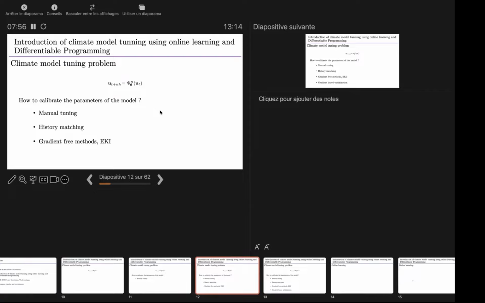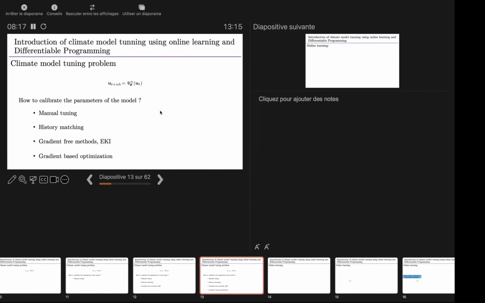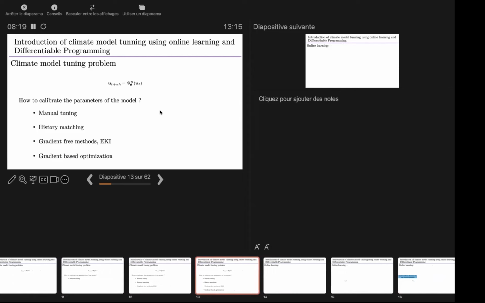Now, we do not want to use these, because the issue with these kinds of methods is that they do not scale very well into high-dimensional parameter spaces, which is typically the case with deep learning models. Since we want to at least evaluate the interest of augmenting physical parameterizations with deep learning, we decided to work with gradient-based optimization techniques, because they are state-of-the-art in optimizing deep learning models.